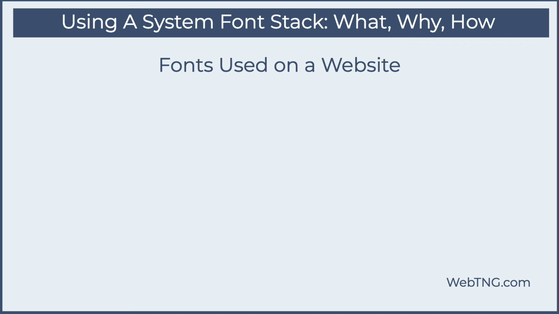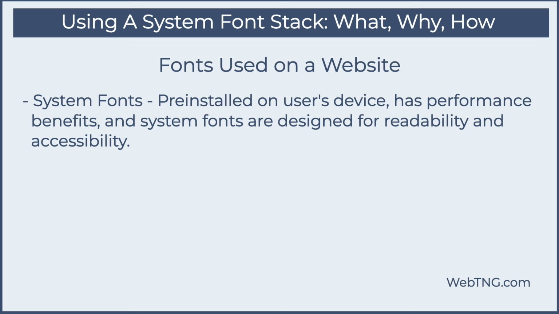For the sake of this video, let's divide fonts that are used on a website into three categories. First are system fonts. System fonts are pre-installed on a user's device, and they are the default font on a user's device. The obvious advantage of system fonts is they don't have to be downloaded, so there is a performance benefit.